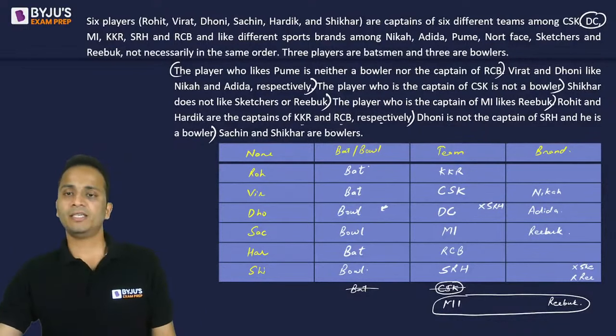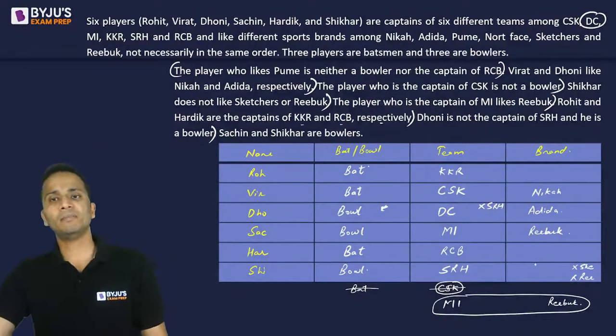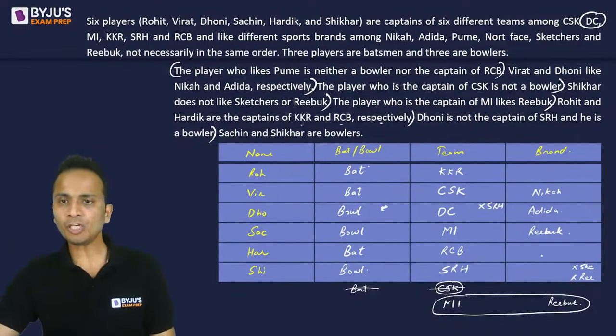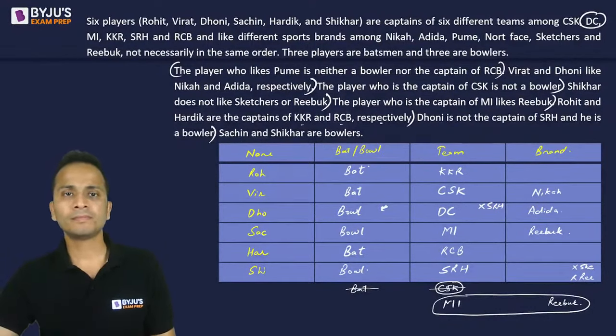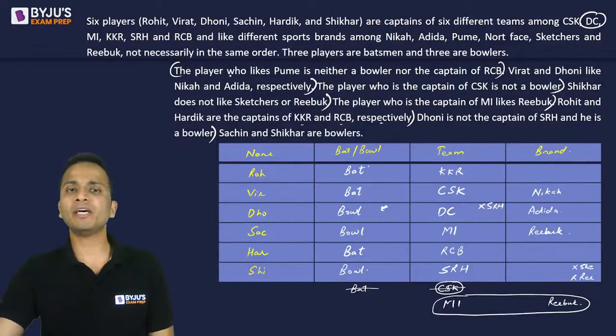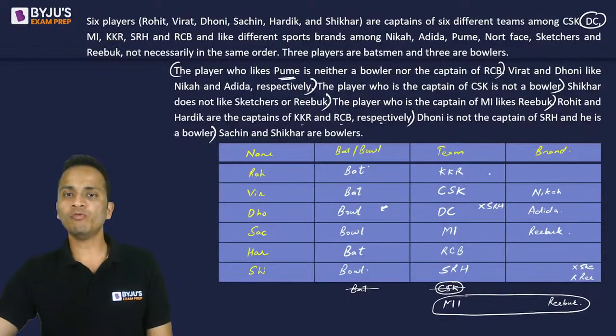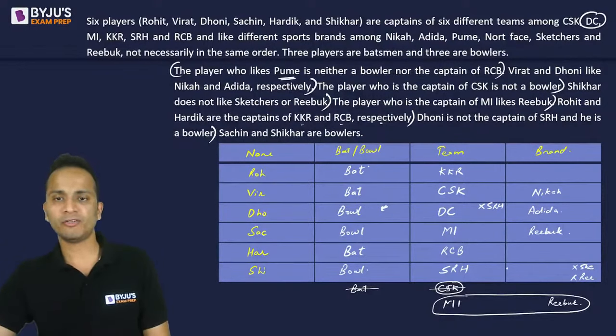Okay, great. Now moving ahead, brands की बात करें अब. Skechers, Reebok, fine. So first statement बची थी, the player who likes Puma is neither a bowler. So Puma वाला bowler नहीं होना चाहिए, right? So he should be a batsman.